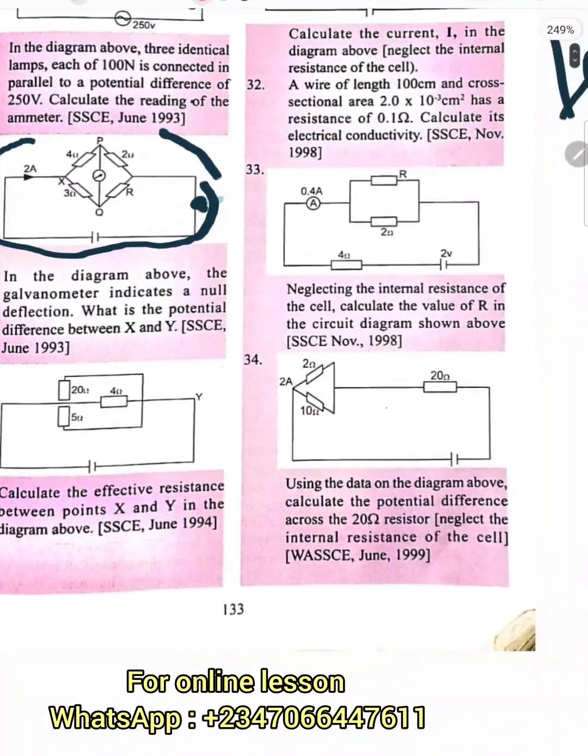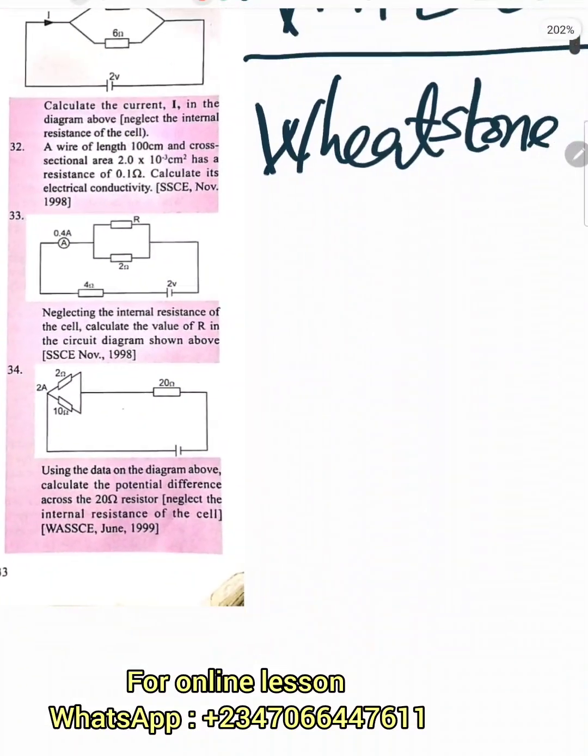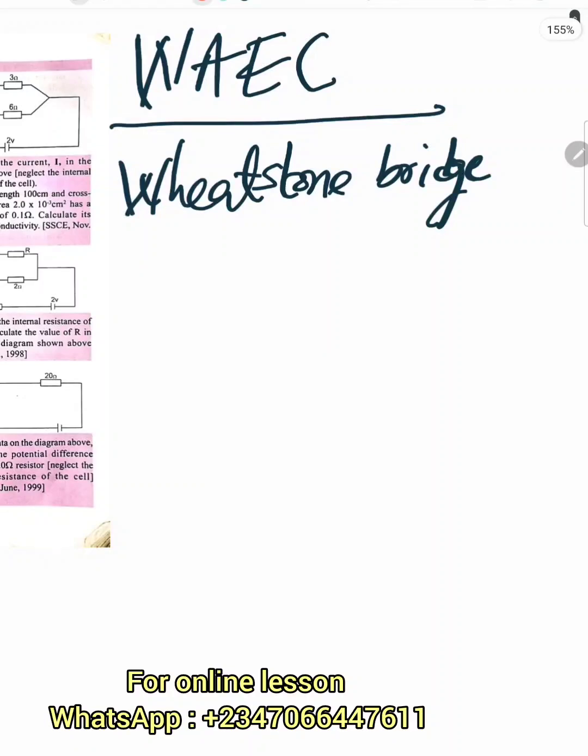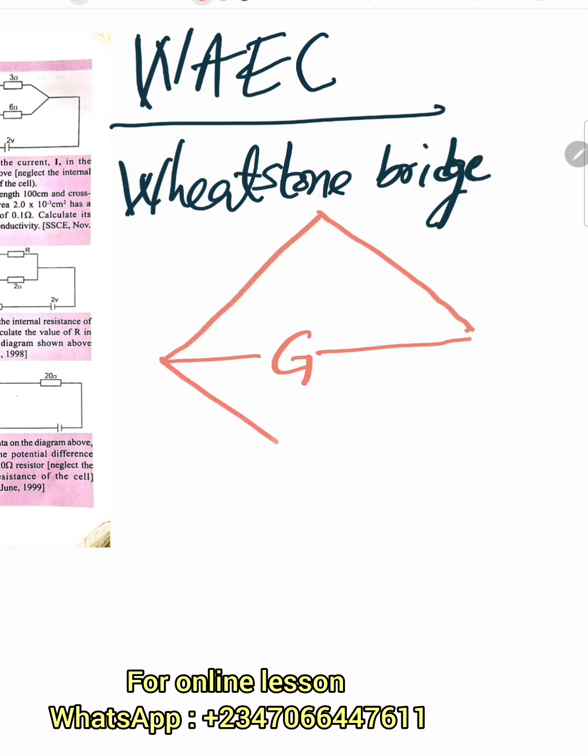Now, what is the working principle of this Wheatstone bridge? Remember, I said that it is used to determine the unknown resistance. Okay, for example, it's like this. Let's say this is G. Now, you can have like this, like this, like this, so like a diamond.